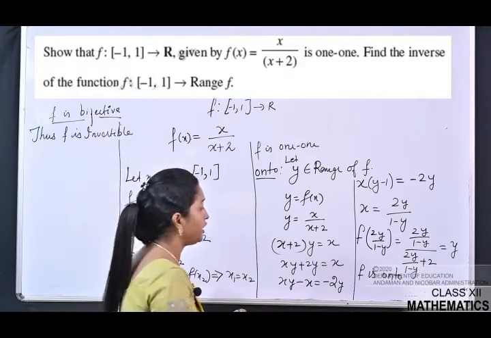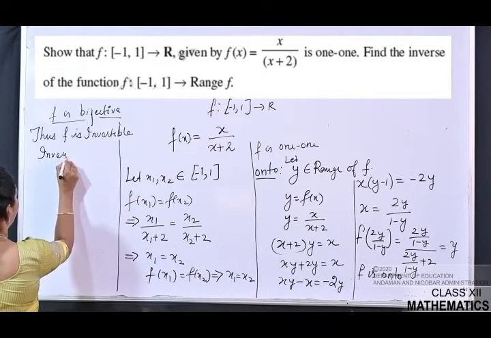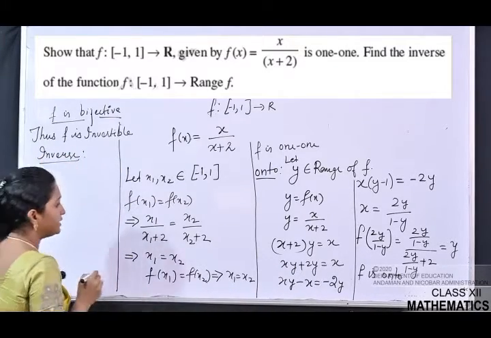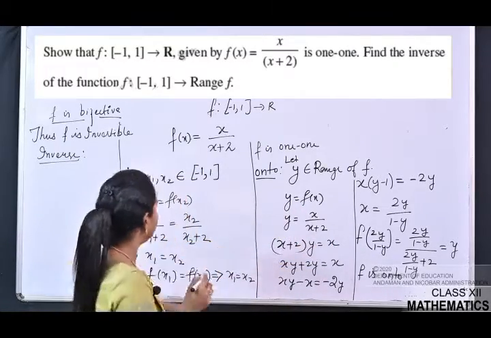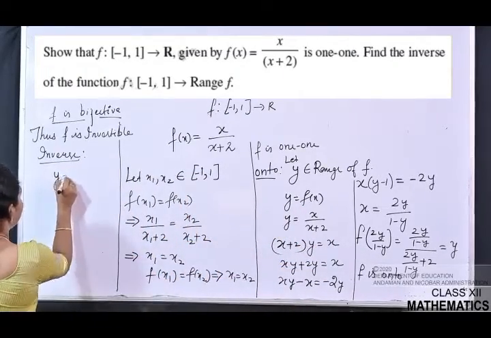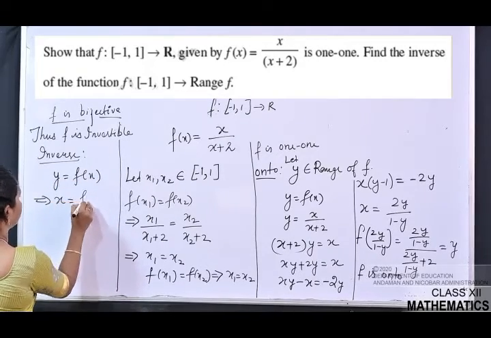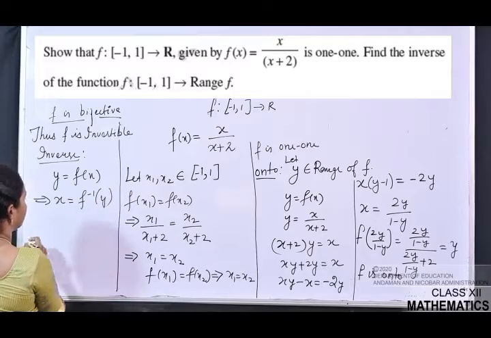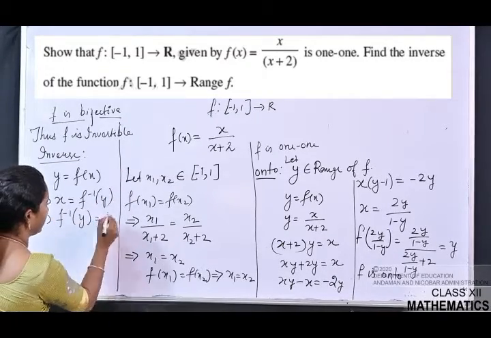Now look at here, we know that to find the inverse, अगर आपको पता करना है तो आप कैसे करोगे यहाँ पे? To find the inverse, we have taken fx is equal to y. Clear? So when y is equal to fx, that implies x will be what? F inverse of y, or you can say f inverse of y is equal to x.